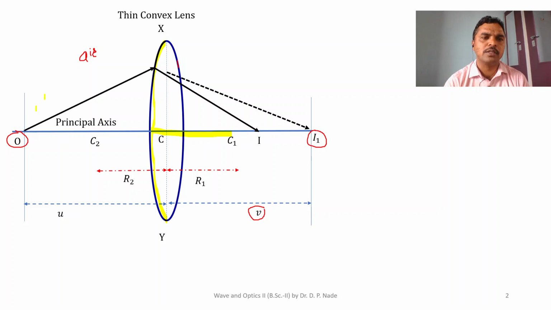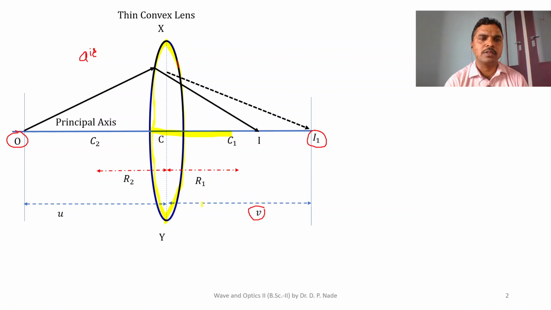Similarly, we consider the radius of curvature for the next part, whose center of curvature is this one, and that is R2.